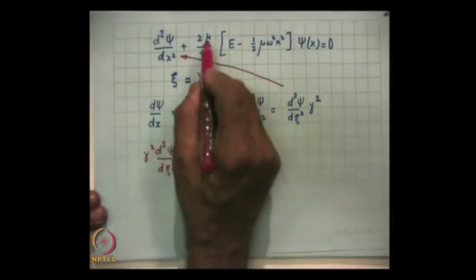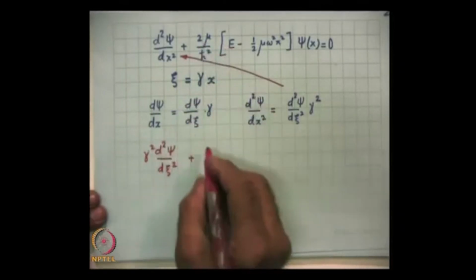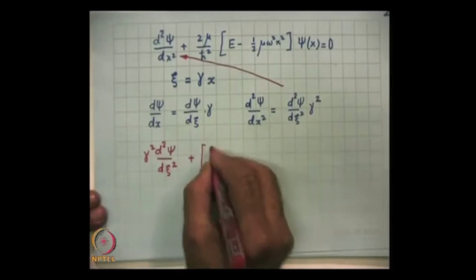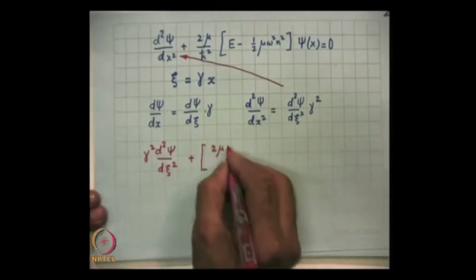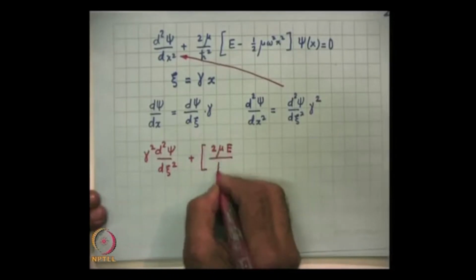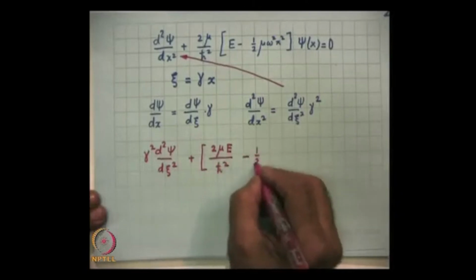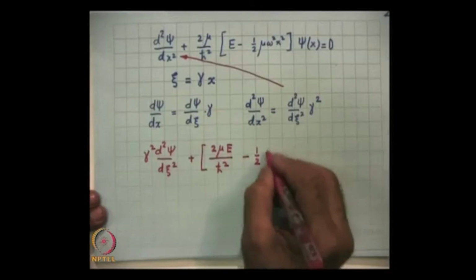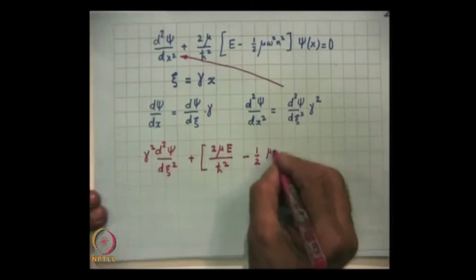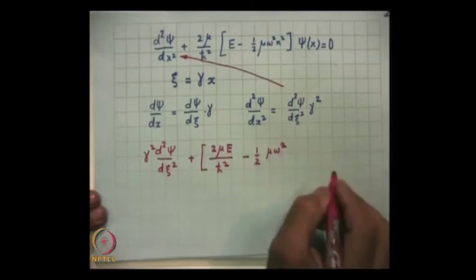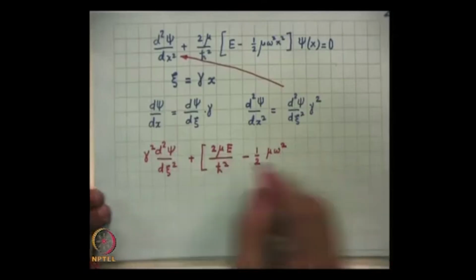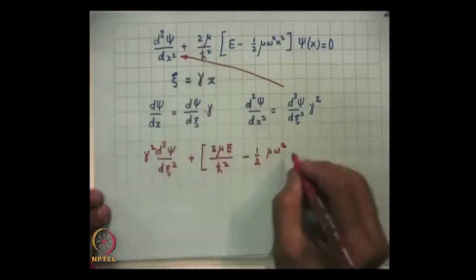I take 2 mu inside, so I will get 2 mu E by h cross square minus half mu omega square, and then I multiply by 2 mu by h cross square.